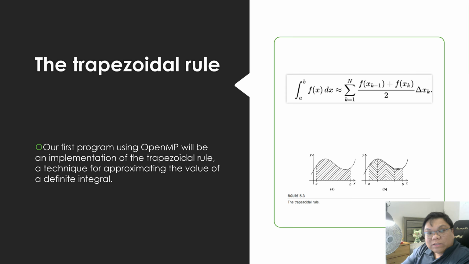But how many trapezoids do we have? Well, we have n trapezoids. So it's going to be a summation of this from k equals 1 to k equals n. Of course, it's going to be the case where the width of every trapezoid is going to be the same, so that delta x is going to be the same all the time.